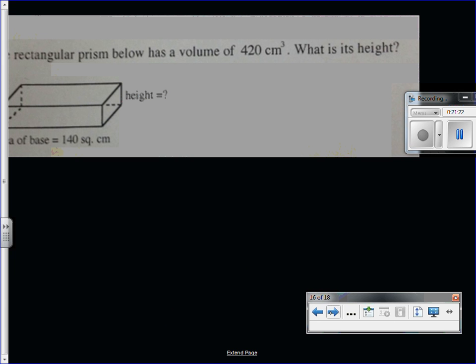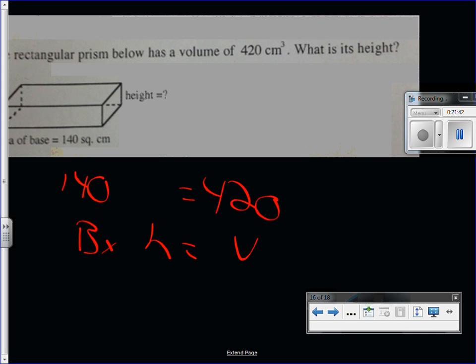Rectangular prism below has a volume of 420. That's my volume. It's got a height of, we don't know, and a base of 140. 140 times what equals 420?